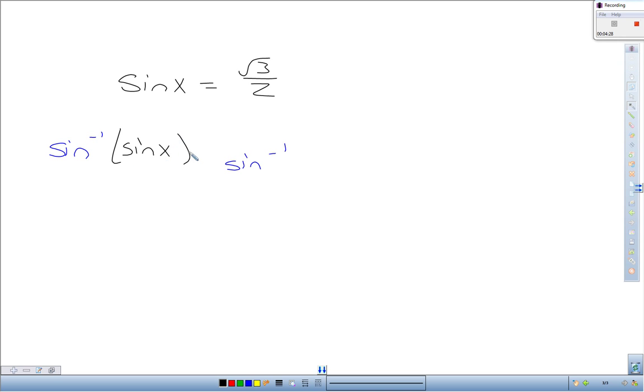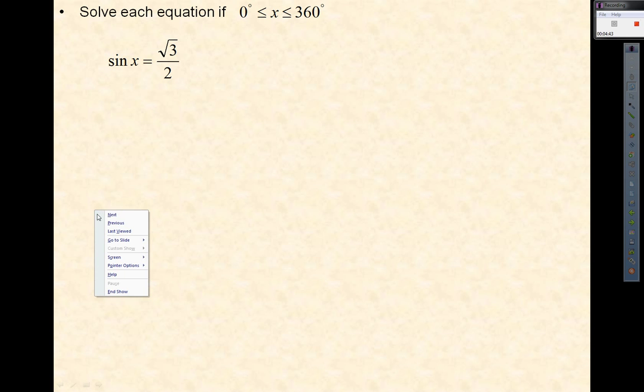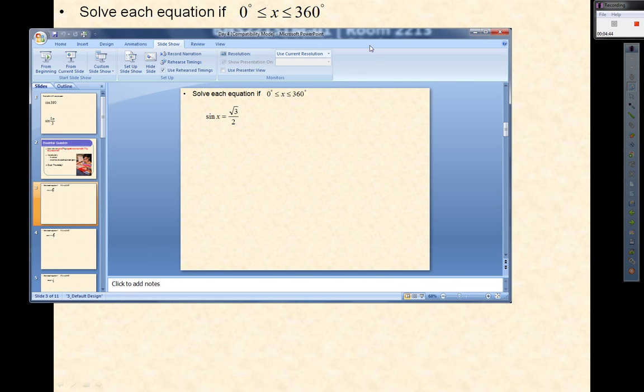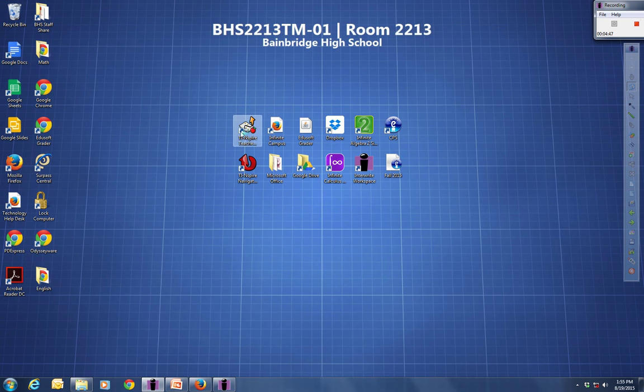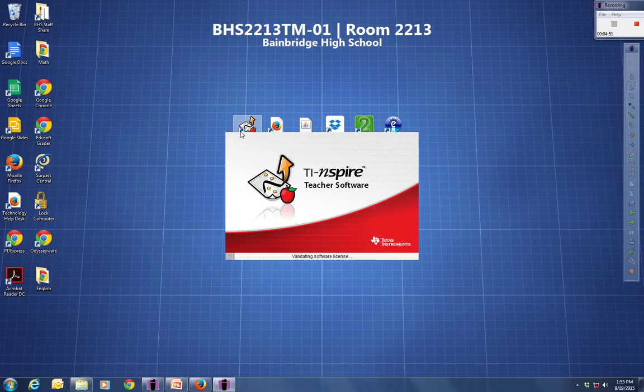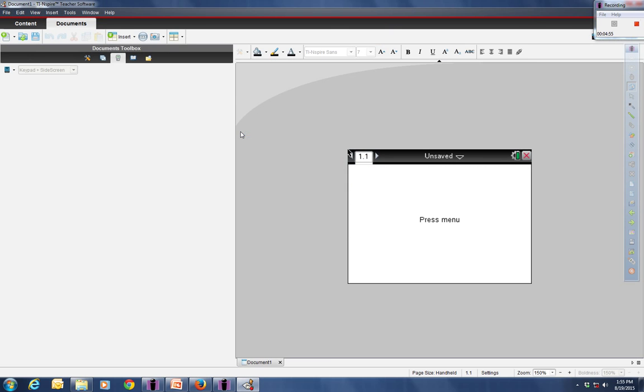So if I do arcsine on either side, then the sines will cross out, and so that would just leave me x is equal to sine inverse of the square root of 3 over 2. And I'm going to use that information with my calculator. But the issue with the calculator is that it doesn't give you both answers.